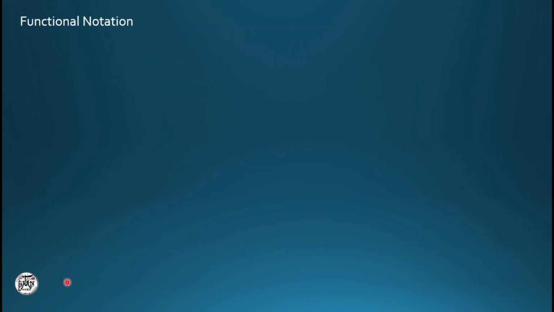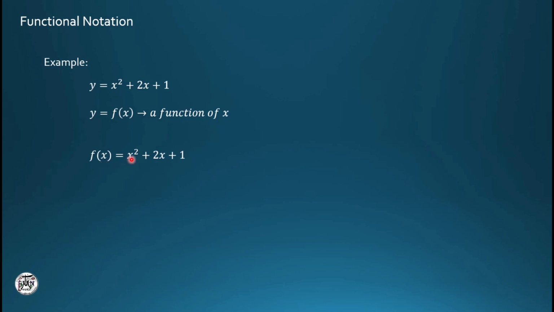So what is functional notation? For example, for this quadratic equation or problem given, y is equal to x squared plus 2x plus 1. So y is equal to f of x, which means a function of x. So f of x is equal to x squared plus 2x plus 1.